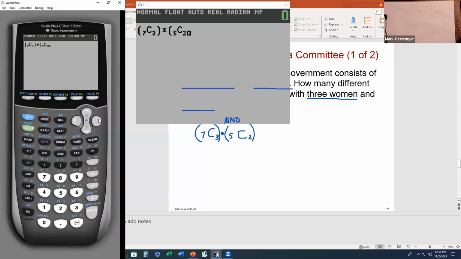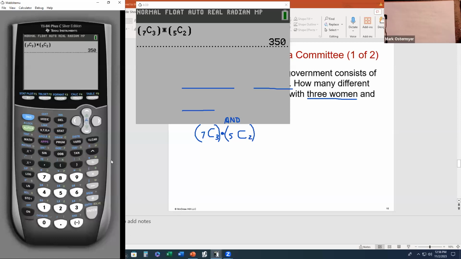Hit your right arrow key to bring your cursor back up to level, and then you just hit your close parenthesis, and ladies and gentlemen, hit enter, and boom, we discover that there are 350 different ways of forming a committee of size 5, where we must have 3 women and 2 men on the committee. 350 different committees are possible. And again, this is assuming that order does not matter here.